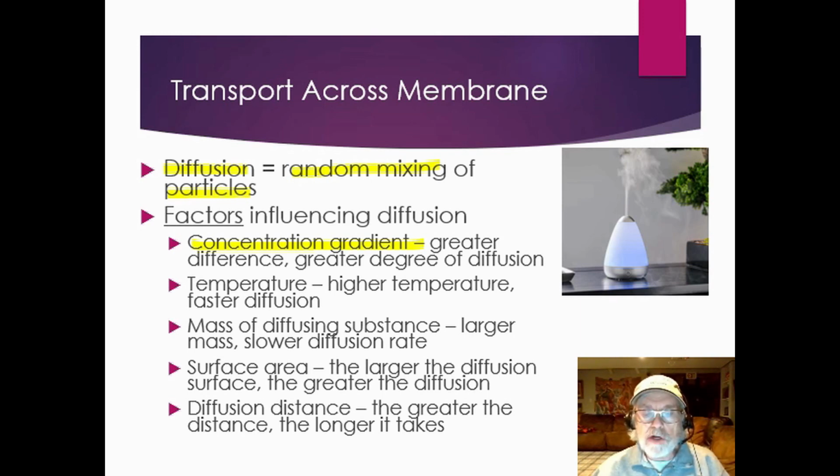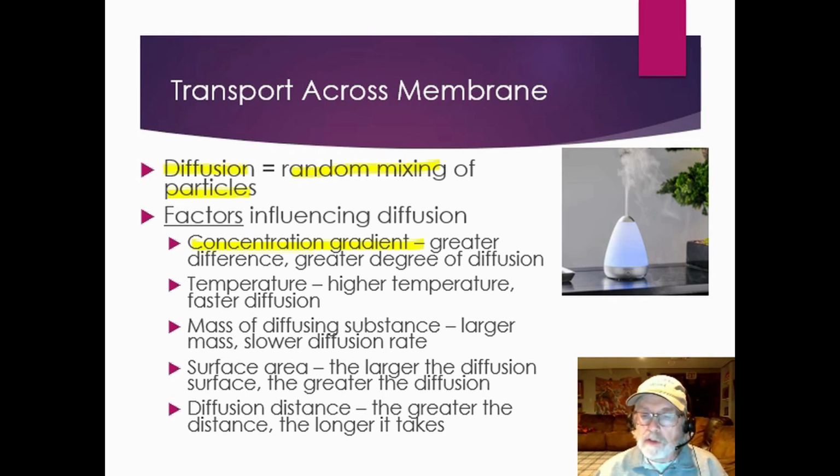If I have a large concentration of something on one side of a wall and a lower concentration on the other side, and that stuff could get through the wall by a pore, by a transporter protein, by whatever the case may be, it's always going to go from an area of higher concentration to an area of lower concentration.